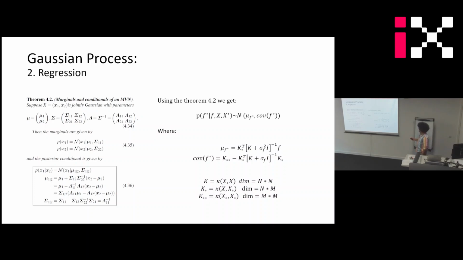The reason I wanted to put this up here is to show you the kind of computational complexity needed to derive this: you need to invert this matrix here, and that gives you a complexity of n to the power of 3, which limits how you can use Gaussian processes. So it's highly limited by the number of points that you can consider.